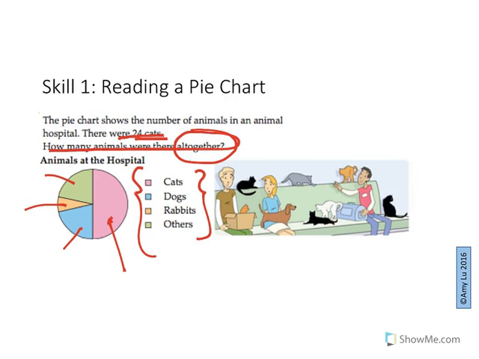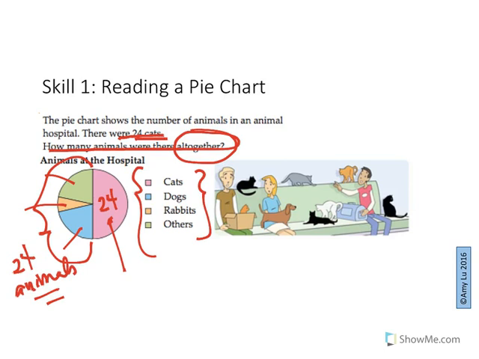Now, there are 24 cats. So this pink part represents 24 cats. So if we know that that part represents 24, that means this remaining part, in blue, orange, and green, also has to represent 24 animals, a mix of 24 animals, and we don't know precisely how much of each. Not yet, at least.